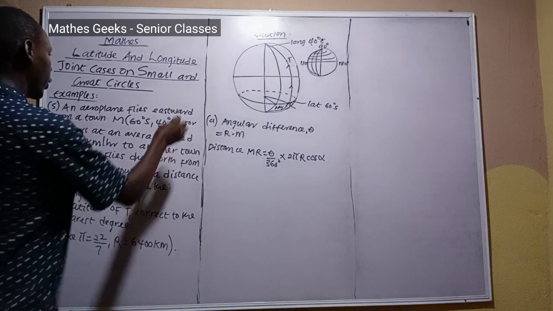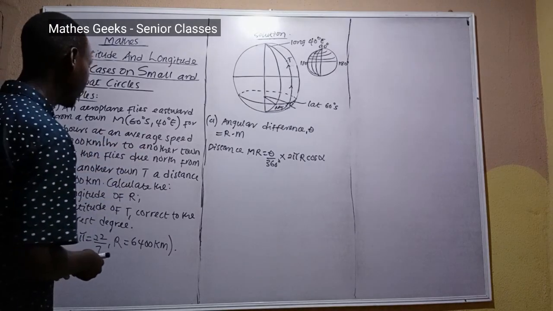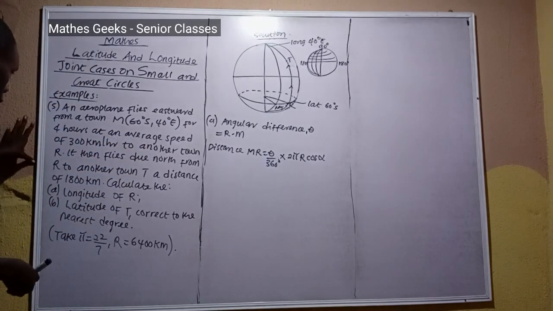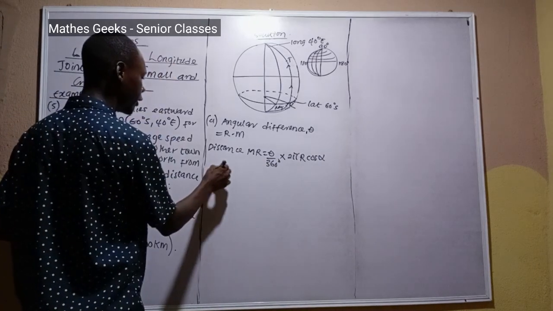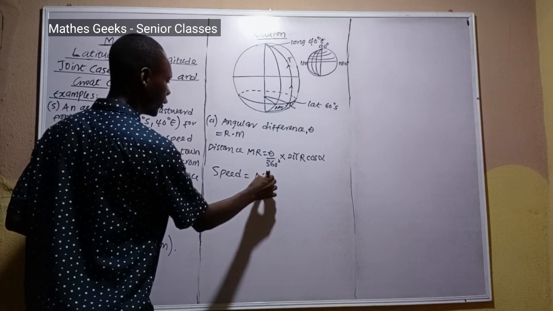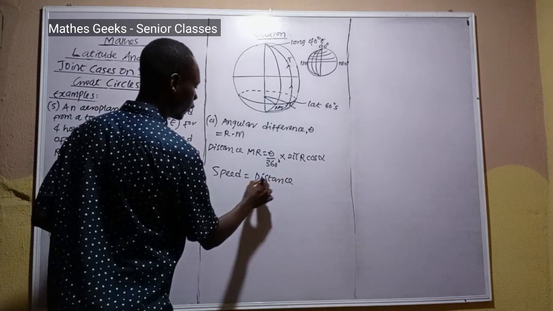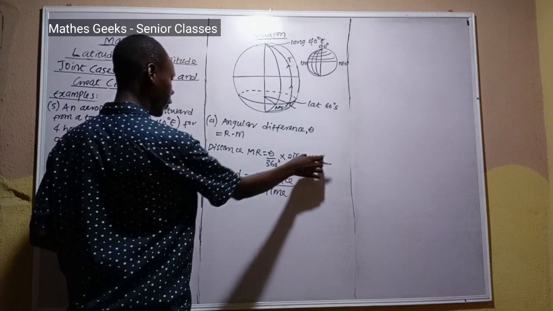Here we're given the average speed, but we're not given the distance. Since speed is equal to distance over time, we're not going to make use of this formula yet.